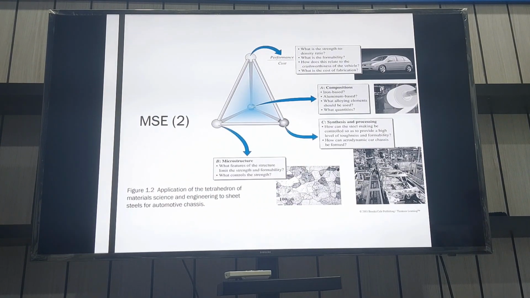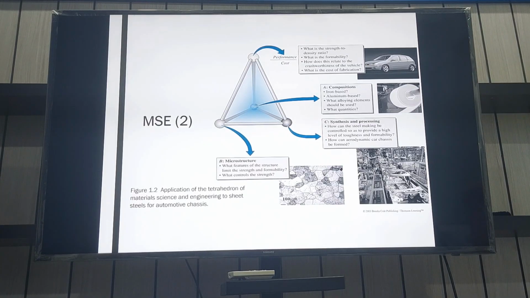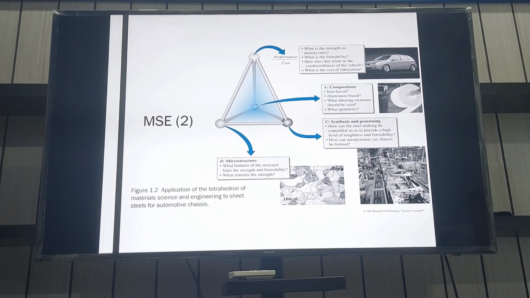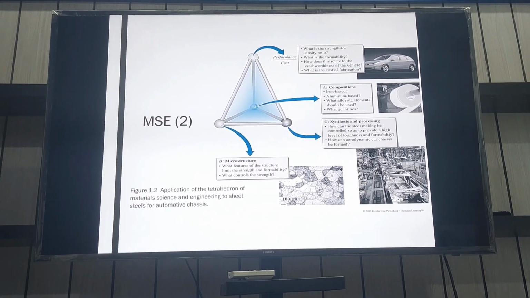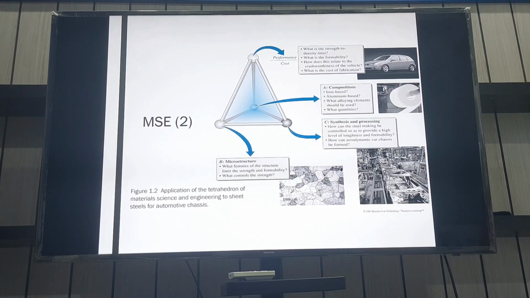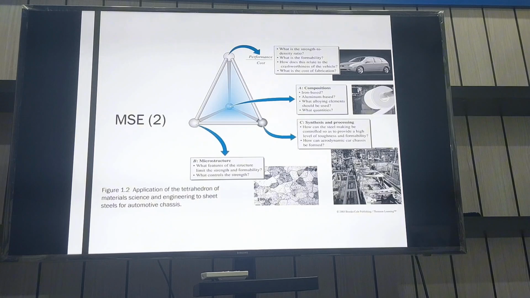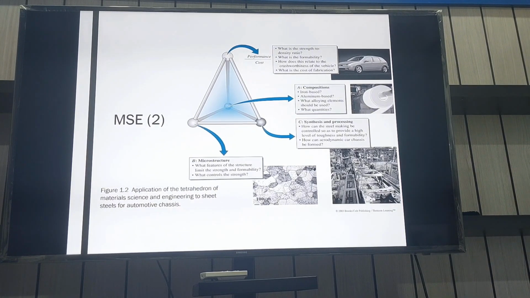Strength means, when we do a crash test, what is the strength of the muscle car? It's durable. Hard to deform. The material is hard to deform when there is an impact. How about density? Heavy.